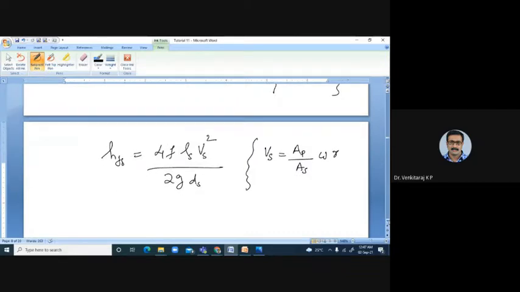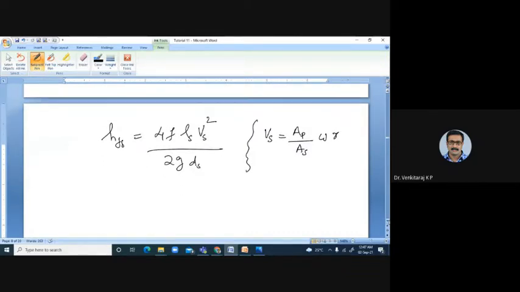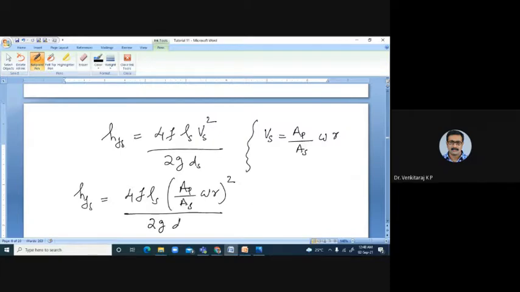You may refer the lecture note. So for HFS, frictional head is 4F LS, AP by AS omega R square by 2G ds.